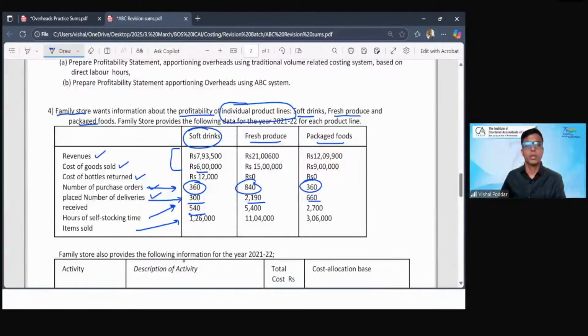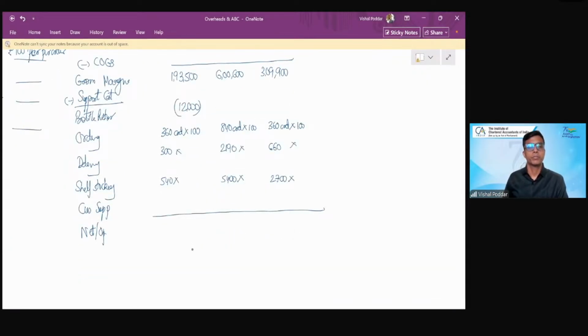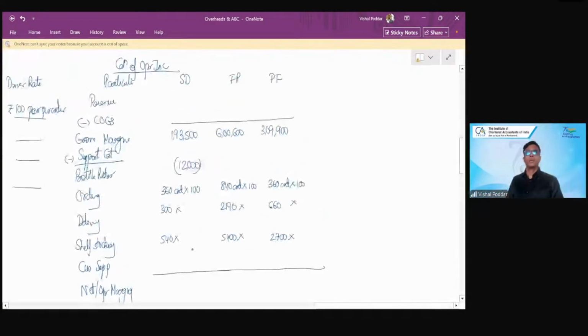Shelf stocking 540, 5,400, 2,700. And then customer support. So you get again your net or the operating margin. That is your net profit. And then dividing it by revenue, you can calculate the margin percentage.